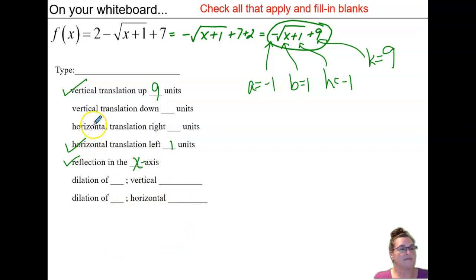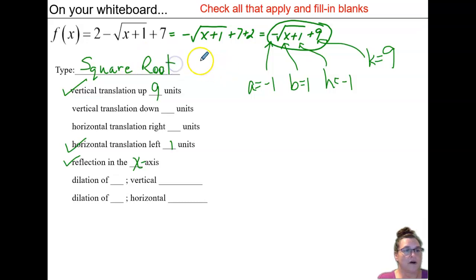Okay, so we have no translations down or to the right, no dilations, just a translation up 9, left 1, and a reflection in the x-axis. Since this is a radical here with an index of 2, the type is a square root.